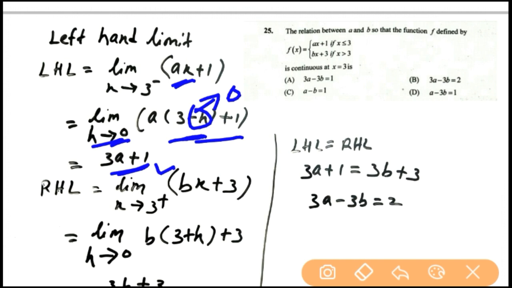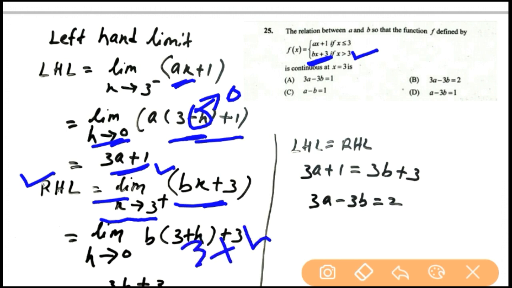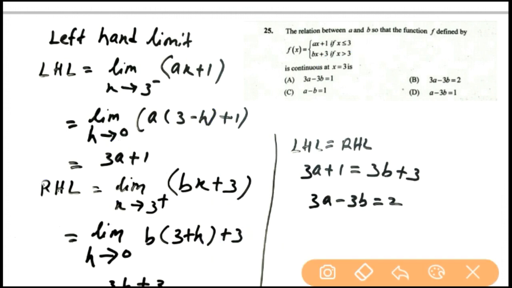Now finding RHL, that is right hand limit, x tends to 3 plus, so x is greater than 3, that is bx plus 3. Now we will put in place of x 3 plus h. Limit h tends to 0, b into 3 plus h plus 3.